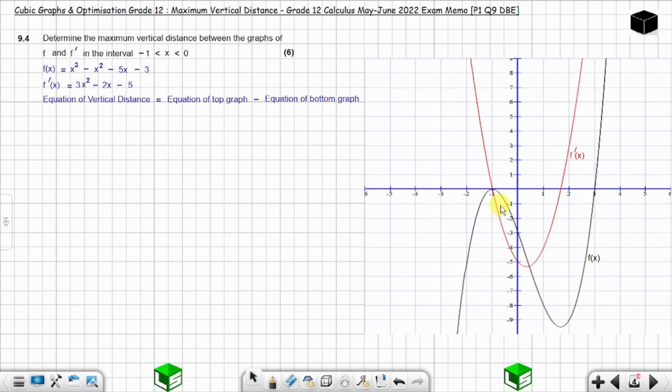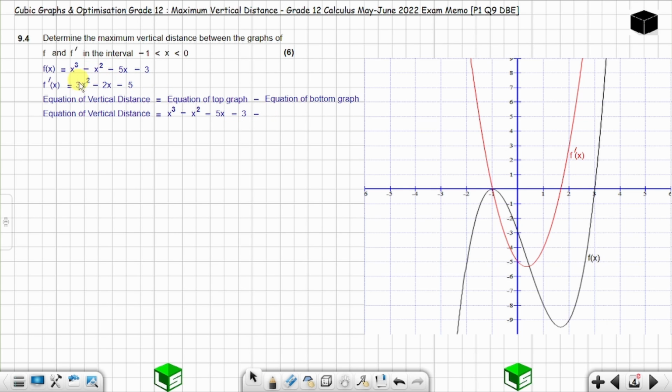So the equation of vertical distance is equal to the equation of the top graph, which is f of x, minus the equation of the bottom graph, the one in red, f prime.